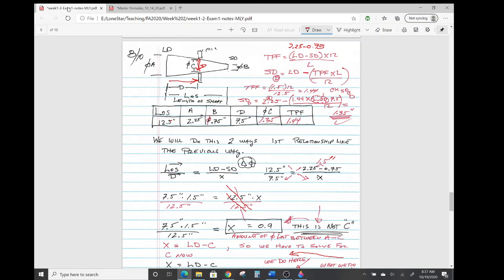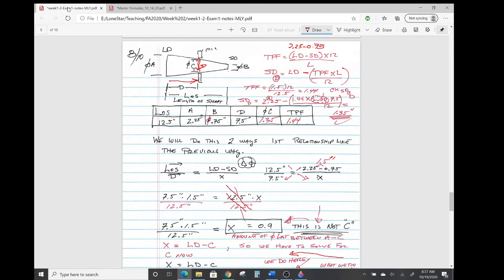We're looking for small diameter, right? What's the formula for small diameter? Large diameter minus the taper per foot times the length divided by 12. There's a parentheses there, so we're going to do everything in here first, right? Remember your PEMDAS?